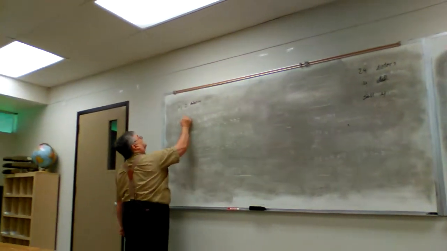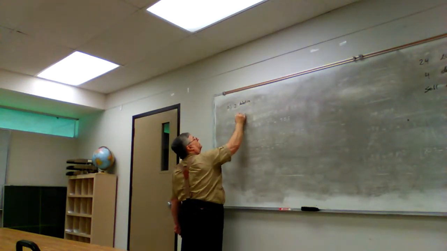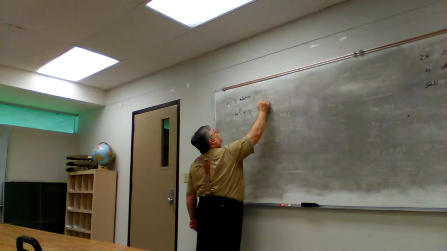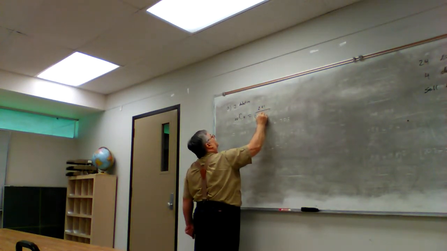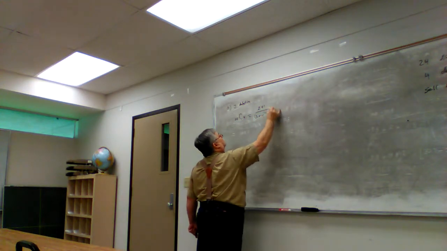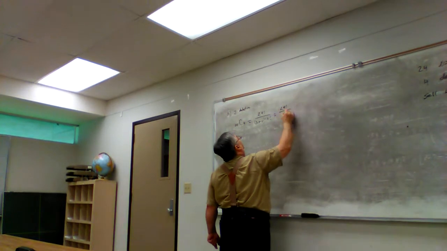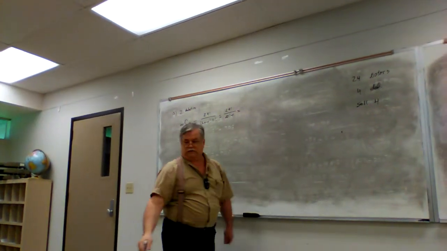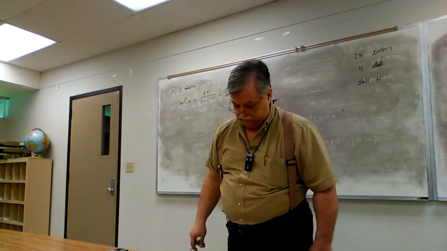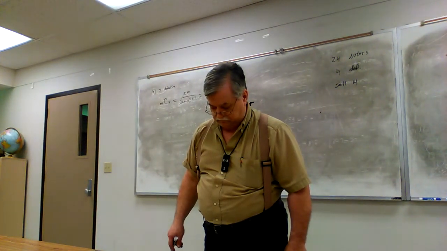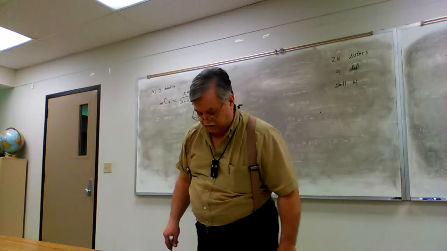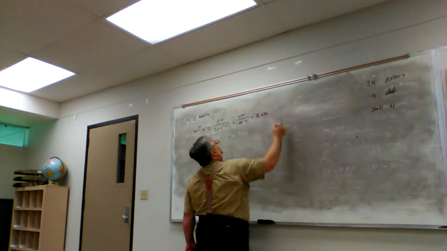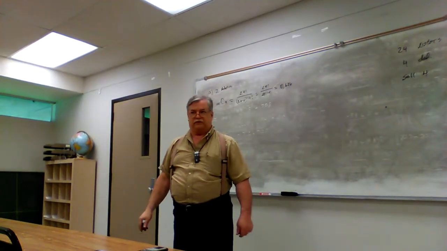So the total number of combinations is, out of 24 transistors, selling 4 of them will give us 24 factorial divided by (24 minus 4) factorial times 4 factorial, which is 24 factorial over 20 factorial times 4 factorial, which equals 10,626 possible combinations of transistors we can sell out of that box.